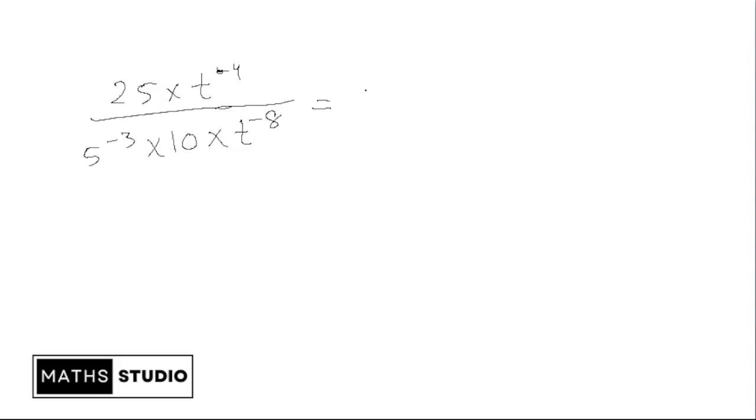Okay, so this can be written as, see, the moment we see 25 or any number, try to simplify it to prime factors. Prime factors are those numbers which cannot be divided further and are the factors of this particular number itself. So 25 we know is 5 square into t to the power minus 4 divided by 5 to the power minus 3, and 10 can be written as 2 into 5 and t to the power minus 8.